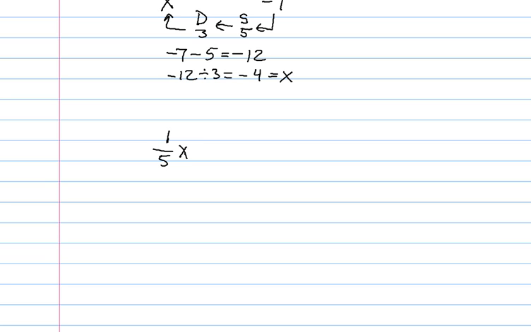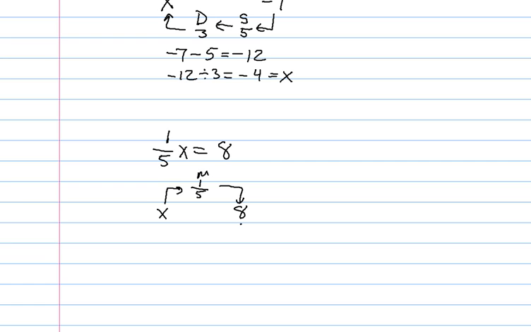(1/5)x = 8. Okay, well, again, I'm going to think about how this was wrapped. Using order of operations, if I knew what x was, I would multiply it by 1/5, and the answer would be an 8.